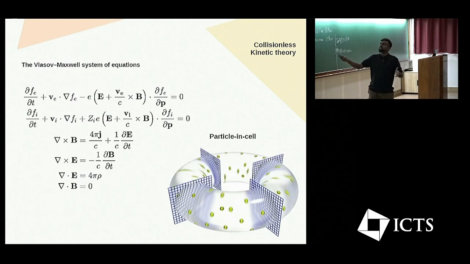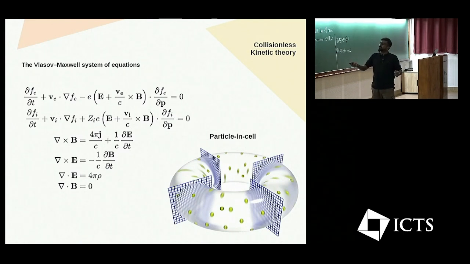To start with, in a plasma simulation we are trying to do kinetic theory. We are trying to solve kinetic equations. This is what is referred to as the Vlasov-Maxwell equations, basically Liouville's equation along with the electrodynamic equations. To solve this, typically we do a particle-in-cell simulation. Here we have both particles as well as fields, compared to, for example, an MHD simulation.